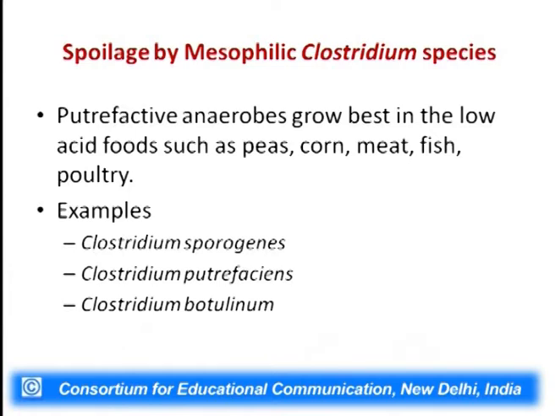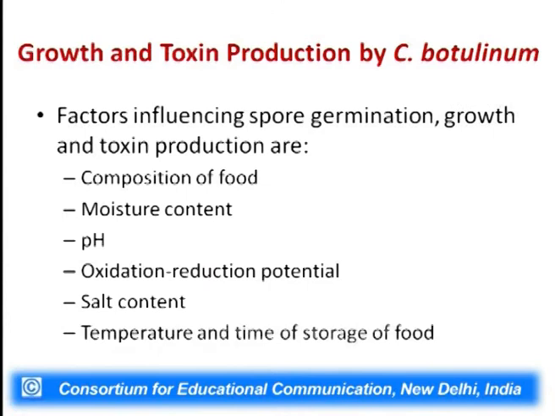Clostridium botulinum is an important organism and it is a pathogen causing botulism. Growth and toxin production by Clostridium botulinum is due to several factors that influence spore germination.